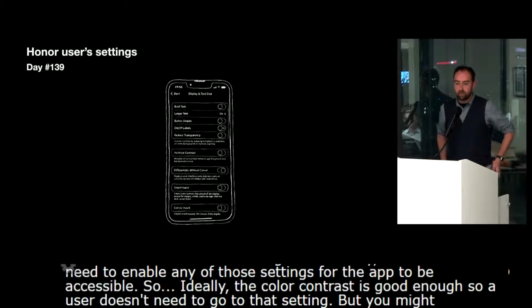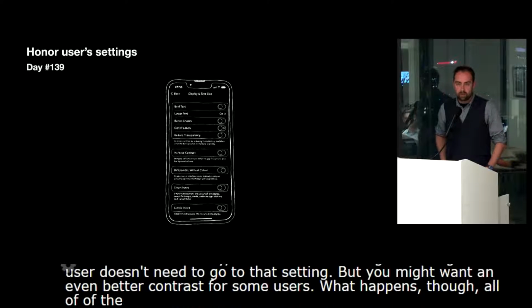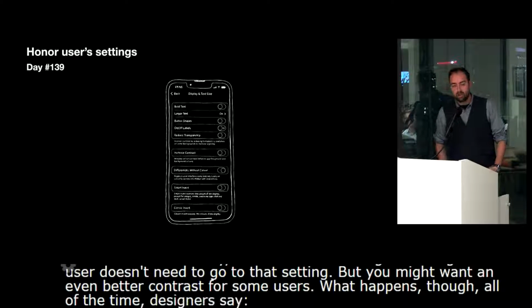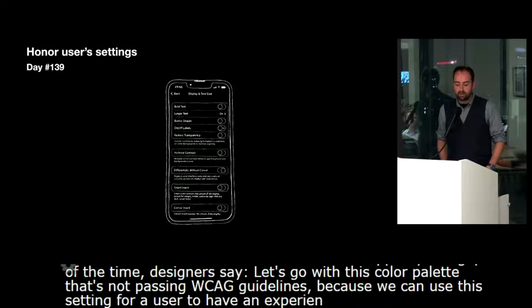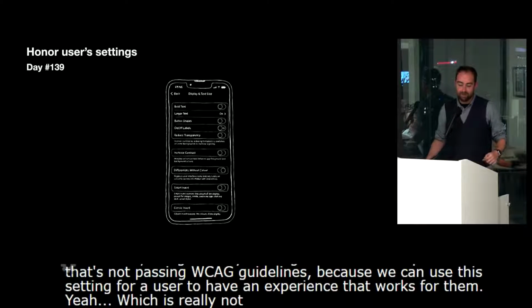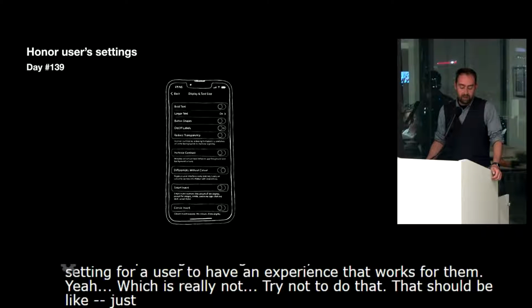What happens though a lot of times is a designer may say, well, let's go with this color palette that is not passing WCAG guidelines, because then we can use this setting for the user to have an experience that works for them, and we should really try not to do that. That should be just an improvement, but the baseline should be already accessible.